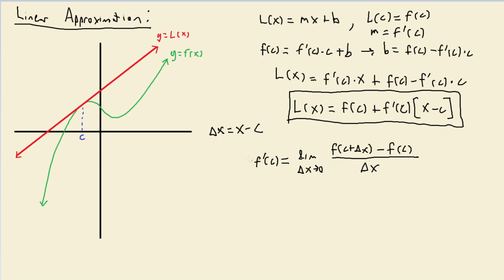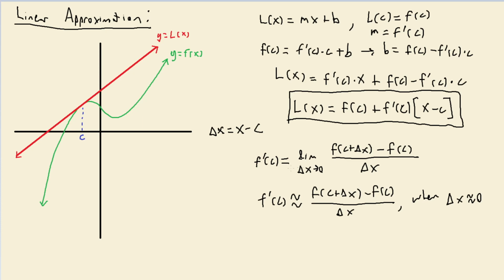And now we know that the derivative of the function at the point c is exactly equal to the limit as delta x approaches 0 of this expression here. But I also want to make the claim that f prime of c is approximately equal to this expression, f of c plus delta x minus f of c, divided by delta x, when delta x is approximately 0.